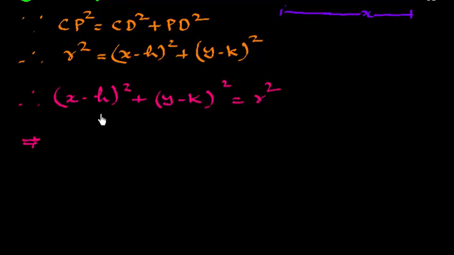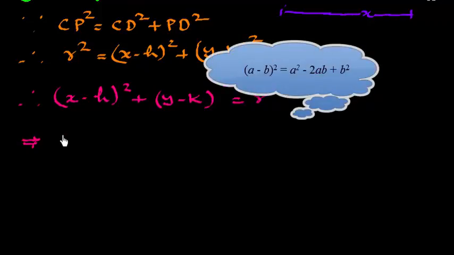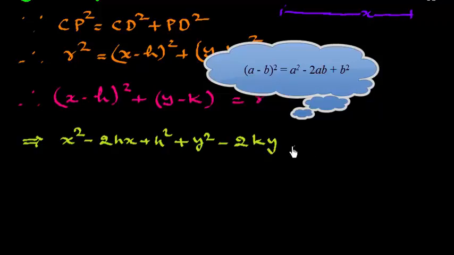So it is x square minus 2hx plus h square plus y square minus 2ky plus k square is equal to R square.